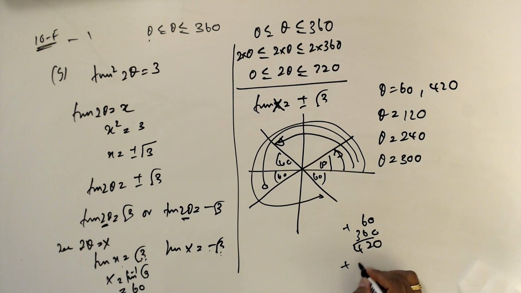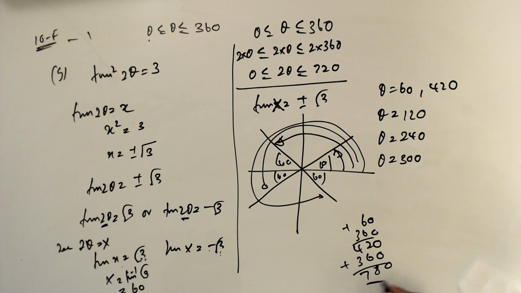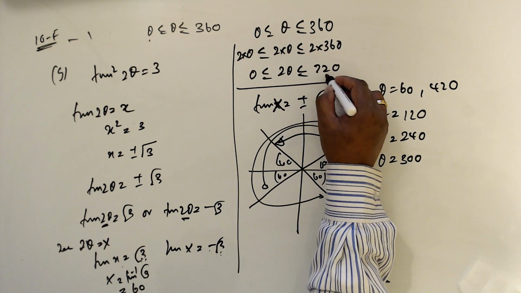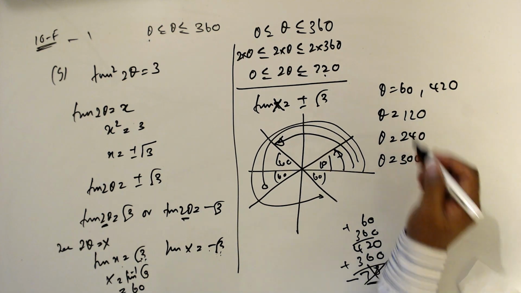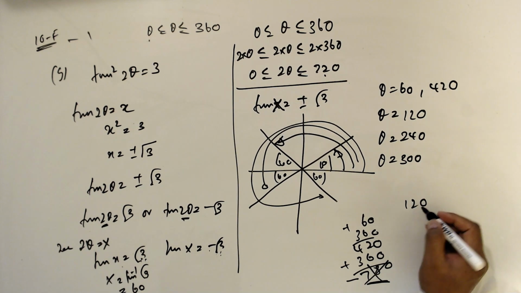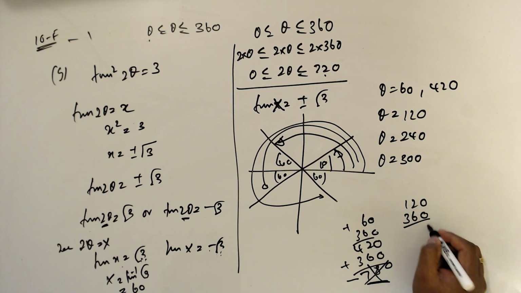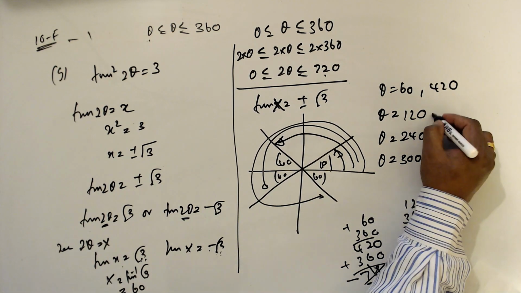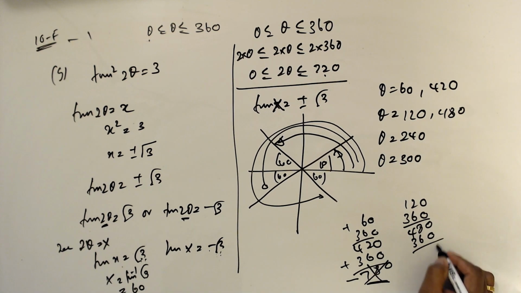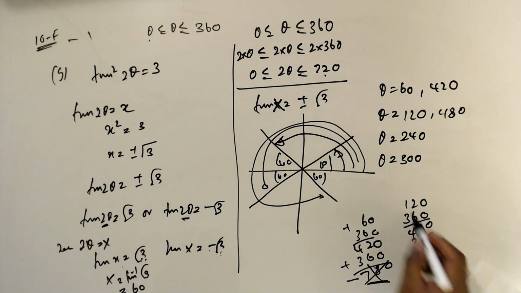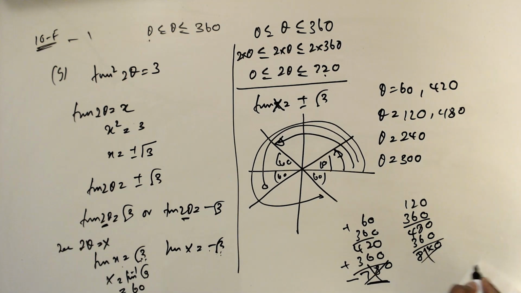Now 420 plus 360 is 780, which is more than 720, so we don't need 780. Now 120 plus 360 is 480, and 480 plus 360 is 840, which is out of range, so we don't need it.